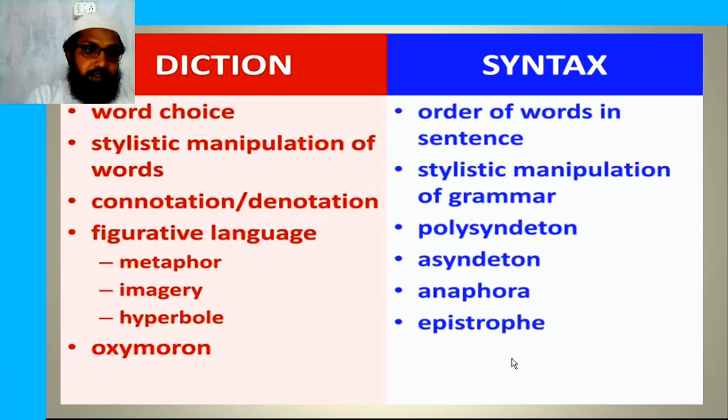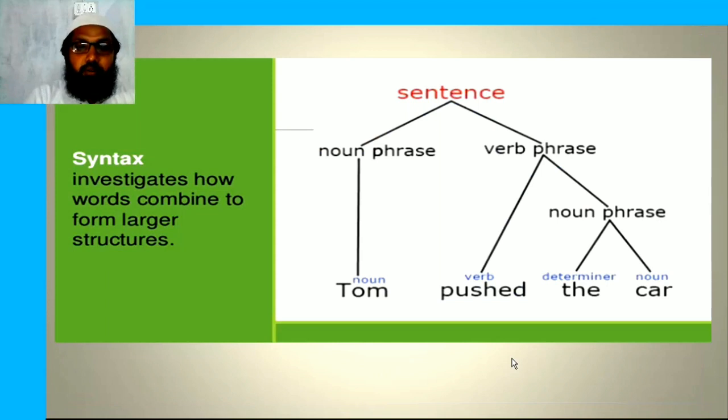In diction, we have figurative language, metaphor, imagery, hyperbole, alliteration. So many things are there. Here we have asyndeton, anaphora, epistrophe, and oxymoron. So these are all the major differences between diction and syntax. Now I hope you people are clear.